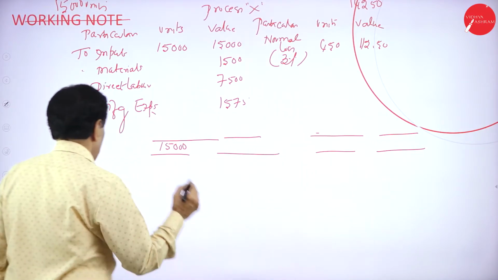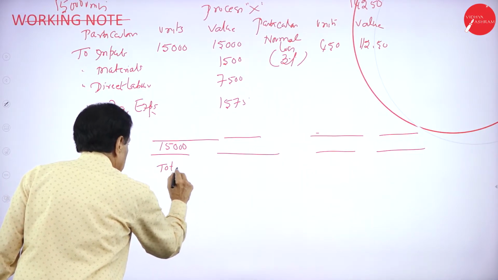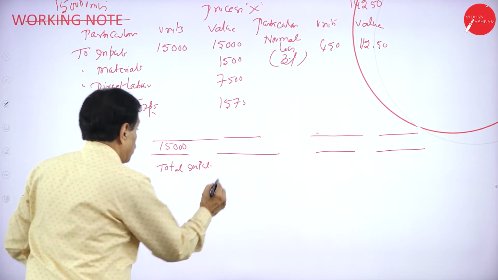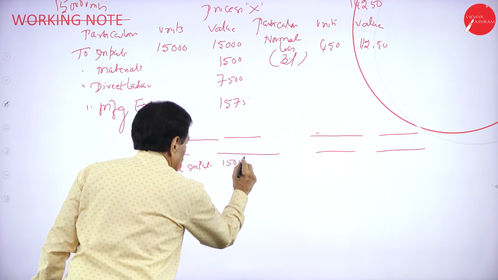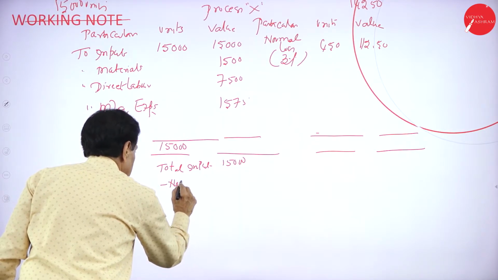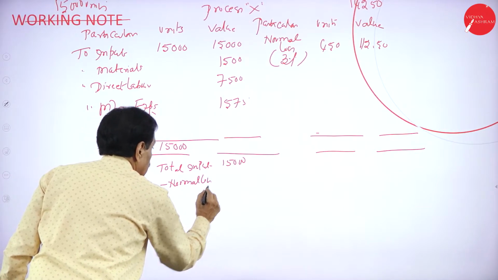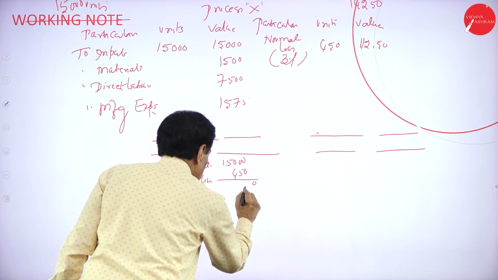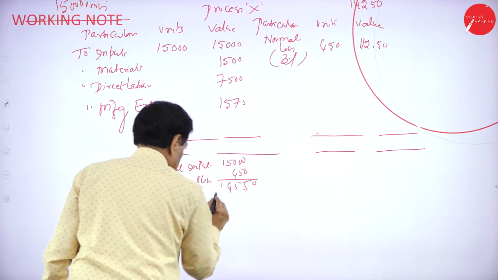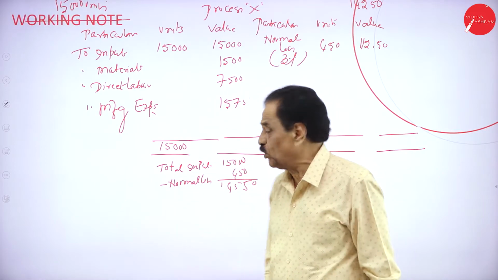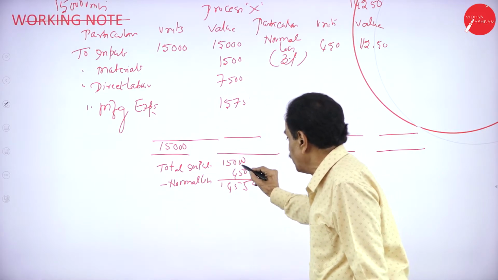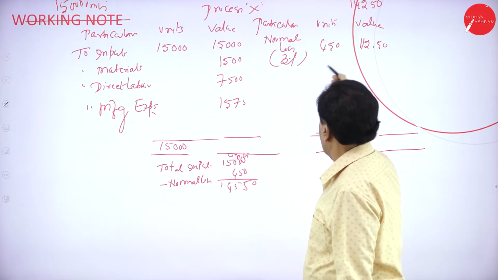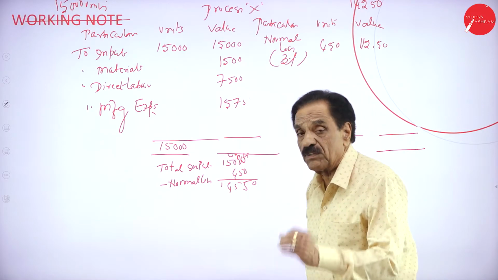Working note: total input. Your total input is 15,000 units minus normal loss 450. That is 14,550, your output. How much was introduced? 15,000 units. Out of that, 450 is the normal loss. 14,550 would have been the output.